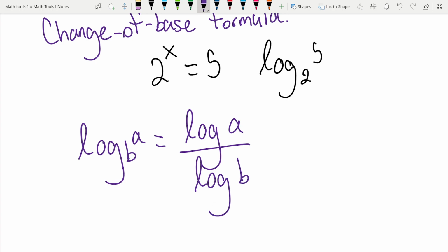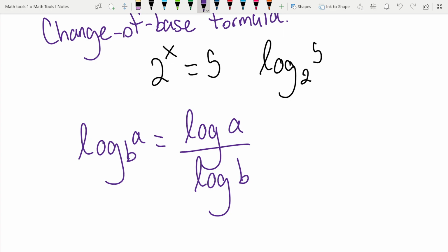Notice that I didn't write the base of the logarithm on the right side. This is because the base doesn't matter. It can be any base. We're able to take this logarithm which has base b and turn it into a quotient of logarithms with any base we want. This will allow us to put a number in the calculator, for instance, and of course it'll have other uses as well.